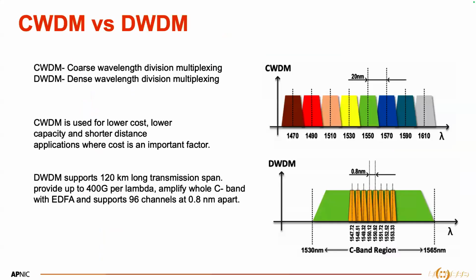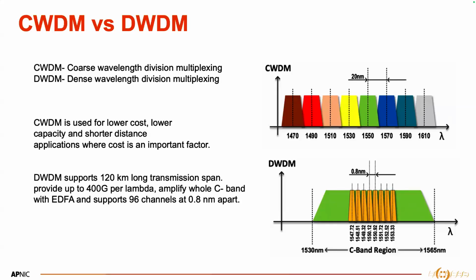So when we talk about WDM, we are picking the C band, right? And within that band, we are taking wavelengths one after another. The whole range is from 1530 to 1565 nanometer. This is the whole band. So you can have different wavelengths one after another.